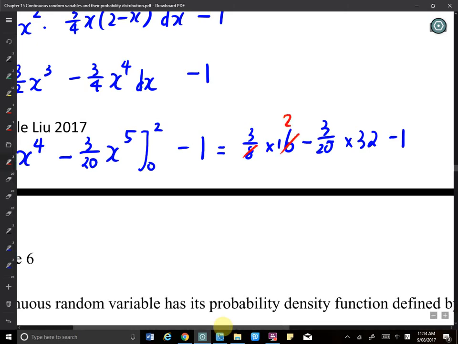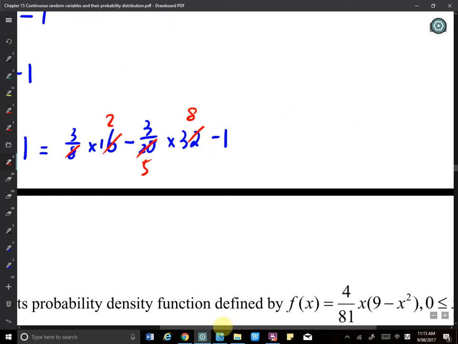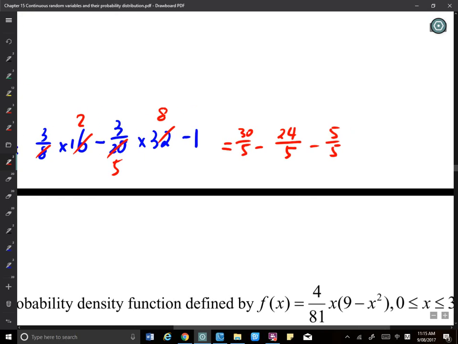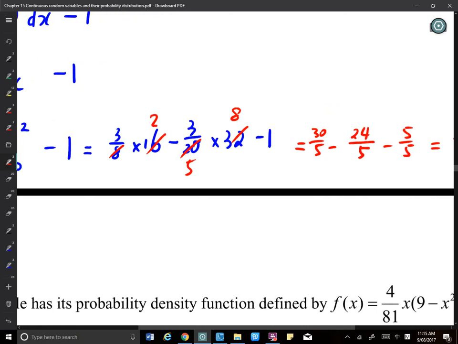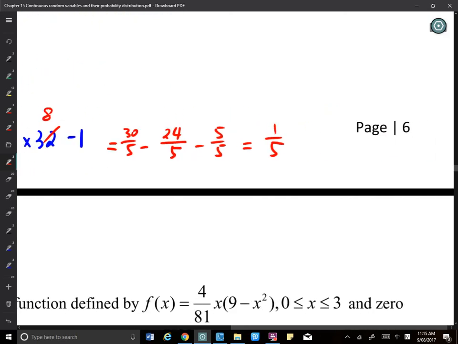That's 2, that's 5, that's 8. That's 6 minus 24 on 5. Minus 5 on 5, that can become 30 on 5. One on 5. Okay, 1 on 5 is the variance.